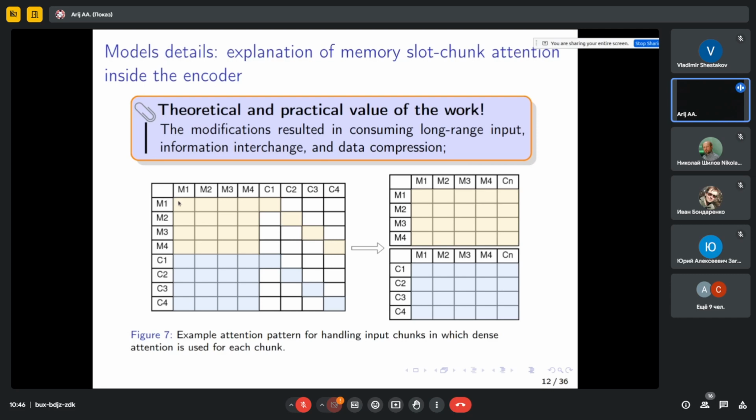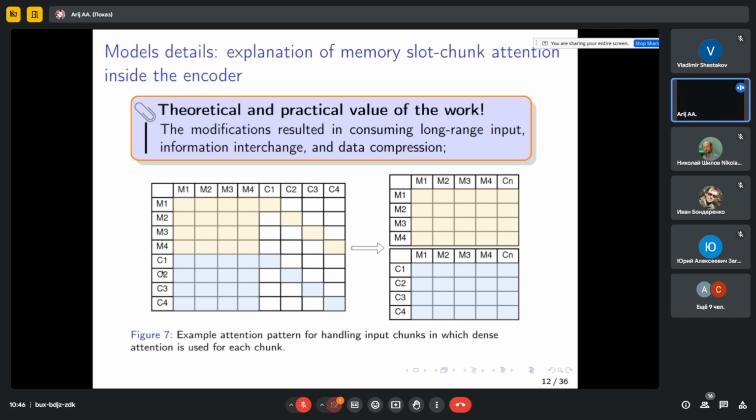Each memory slot has access to all memory slots and the chunked input, and just access to the related chunk. This allows for information compression of the chunk representation, and also from the other chunks through the memory slots.